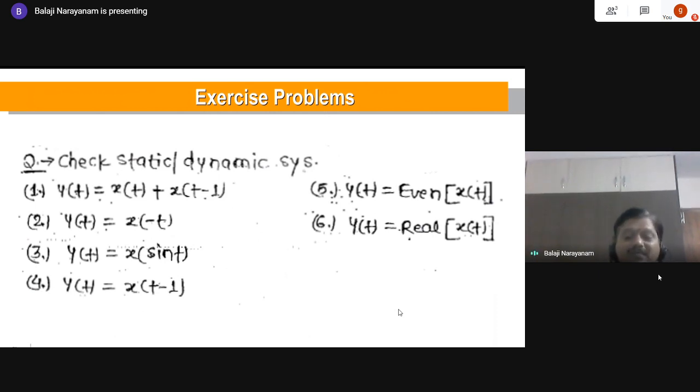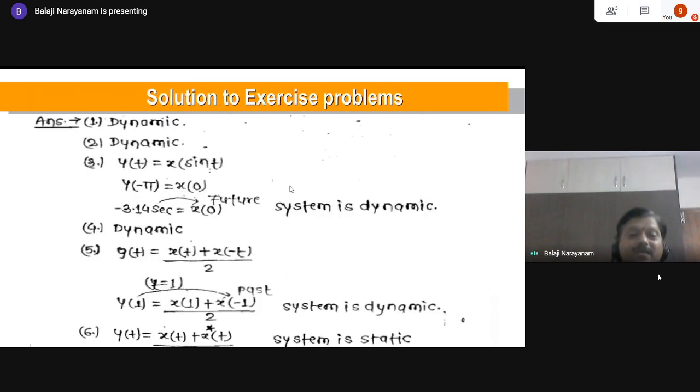And now the third problem, y of t is equal to x of sine t. You may substitute the t value as minus pi. We have already done the same kind of problem for the other system identification. So in x of sine t, in place of t we may substitute minus pi.